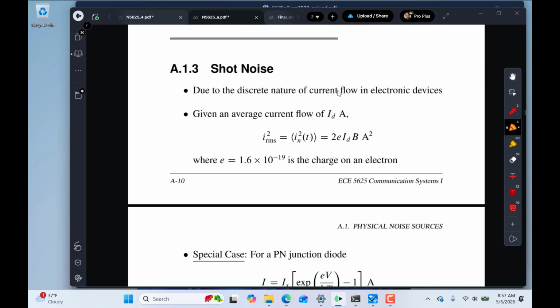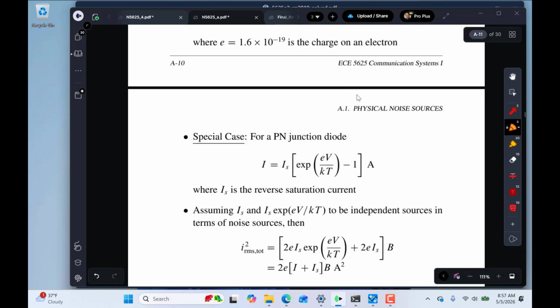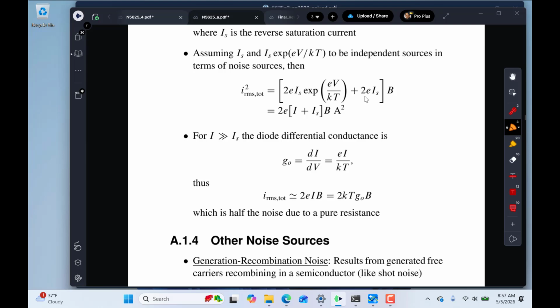Okay, other types of noise in electronic devices include shot noise, which is related to average current flow, and the special case of the PN junction, where you get into modeling the device physics, and that's where I was thinking some of you maybe bumped into this in your device physics class.